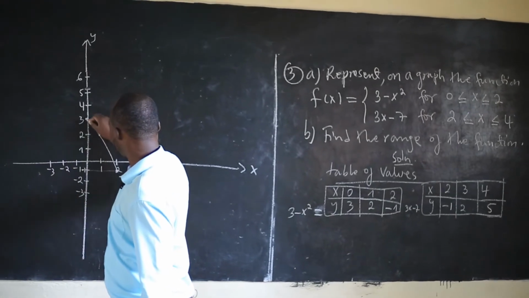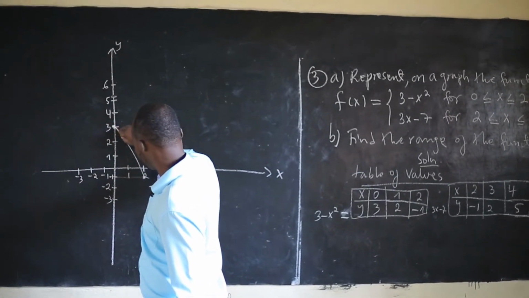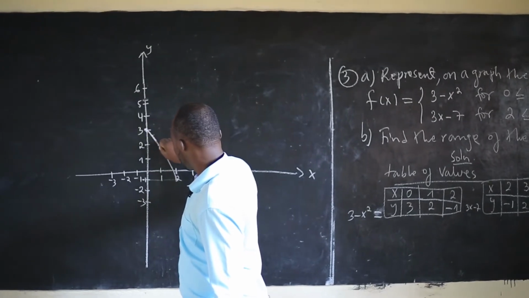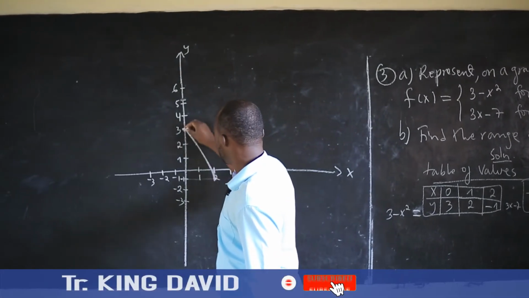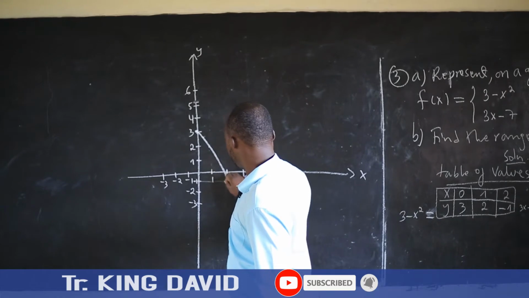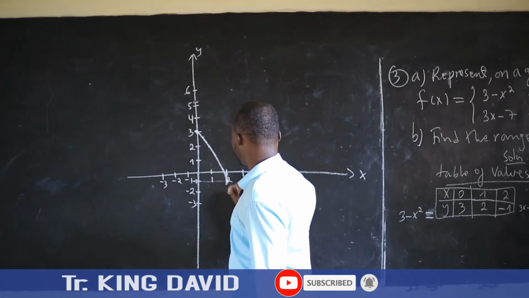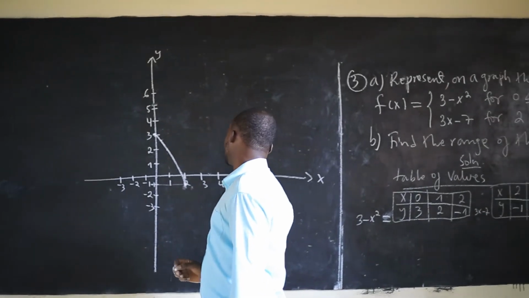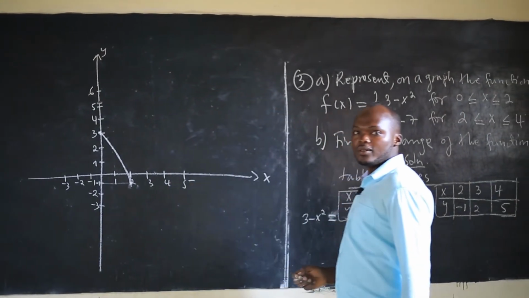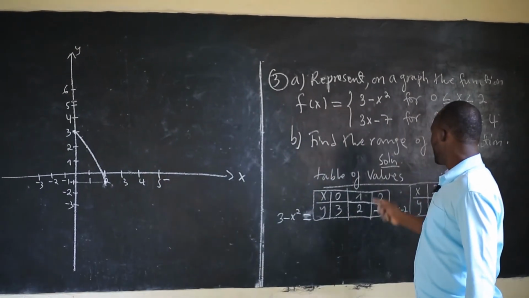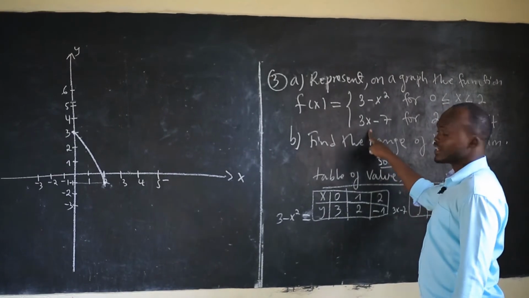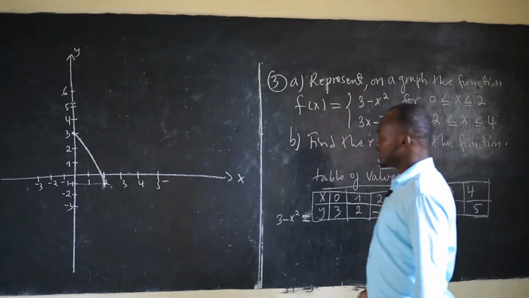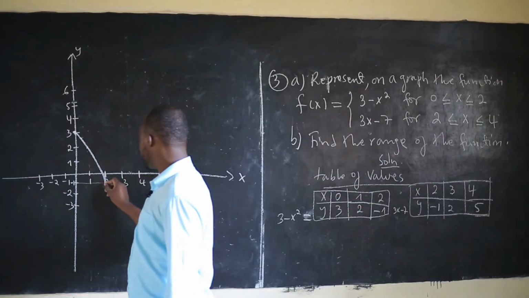It is a curve, not a straight line, and it stops here. We also have another one, which is a linear equation, which will give us a straight line. 2, negative 1 is here.